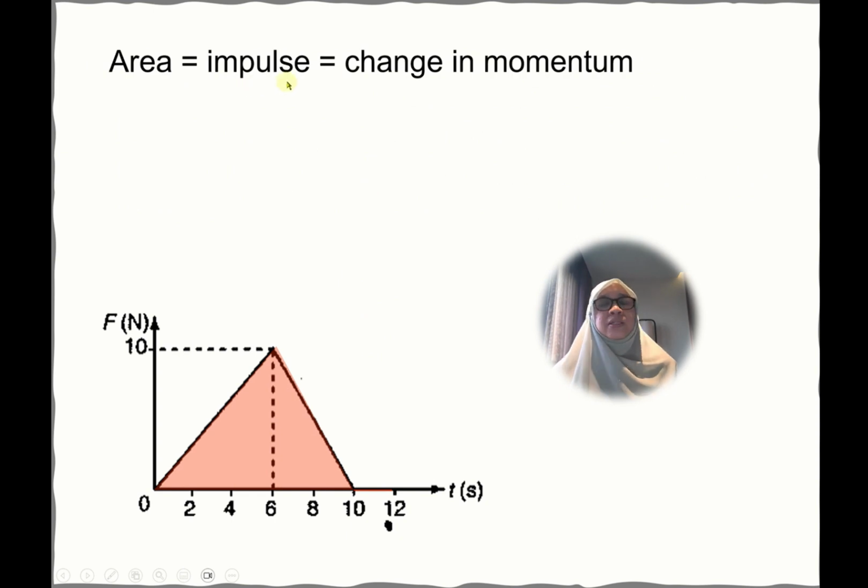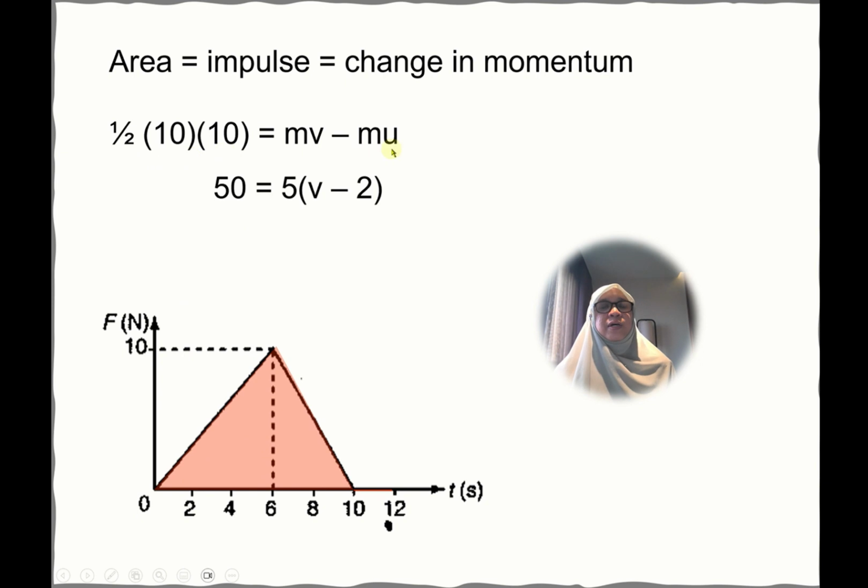The area is the area of a triangle: half times base 10 and the vertical distance 10. So half times 10 times 10 equals mv minus mu.